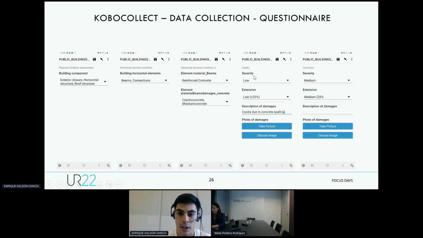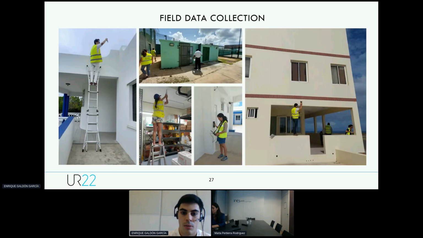We can include the severity of the damages, the extension, and also take a picture of those damages. Here we have some photos of the inspection by our team, Ines's team, doing some material tests.